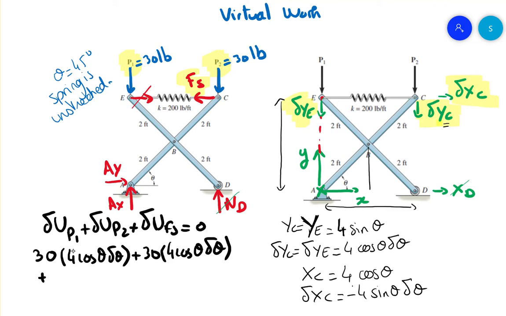The work of the spring is the force of the spring times minus 4 sine theta delta theta. The product should be negative. So P1 and P2 are doing positive work, and this one is doing negative work. So let's keep our sign like this. It's equal to 0.